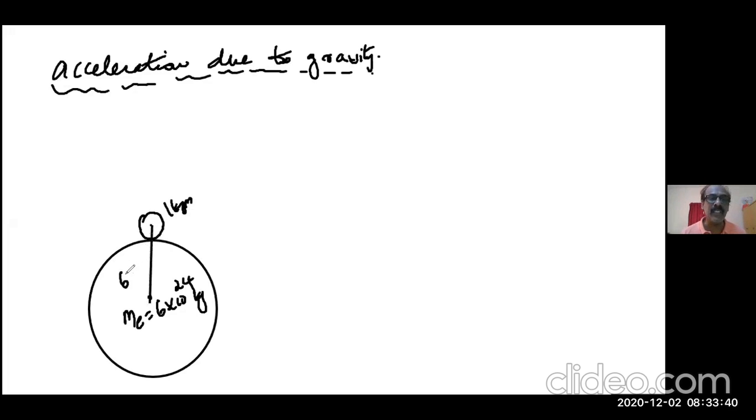Radius of the Earth is 6,400 kilometer. A 1 kilo body has a very small radius compared to the Earth, so I'm neglecting that. Otherwise, you have to take 6,400 kilometer, plus this may be 1 centimeter height. That 1 centimeter, how will you write?